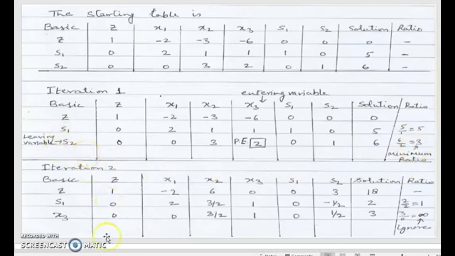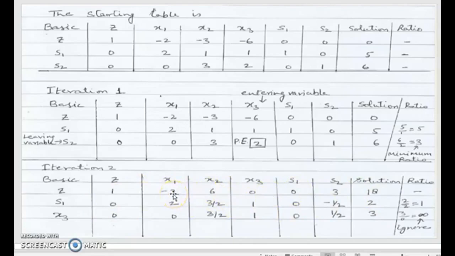So in the next table we see that s2 has left from here and x3 has entered, and we divide this row by the pivot element, that is by 2. After getting this new row we change the Z row and s1 row by using the Gauss-Jordan formula, and after writing all the elements we see again in the Z row, is there any negative element?